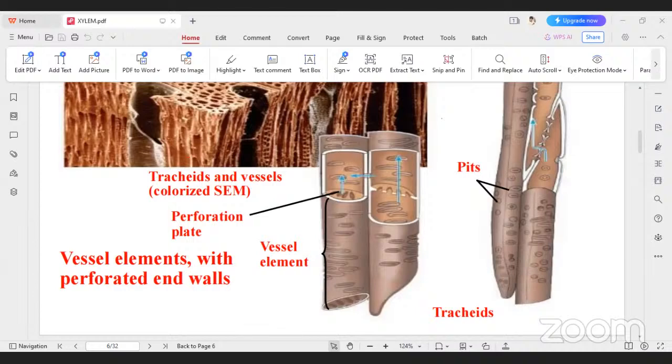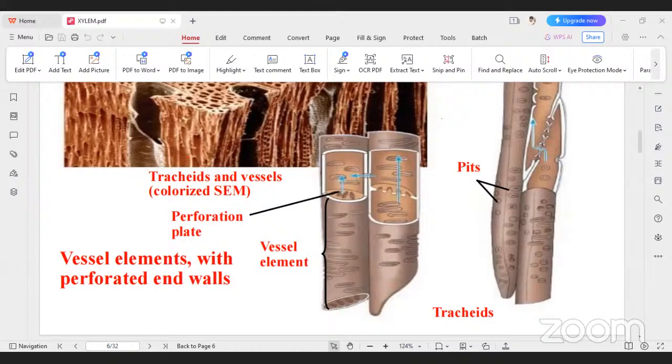When comparing tracheids and xylem vessels, tracheids are elongated and slender, look like fibers, with a linear shape. The basic difference between these two cell types is that tracheids are long, linear and angular, with tapered end walls.